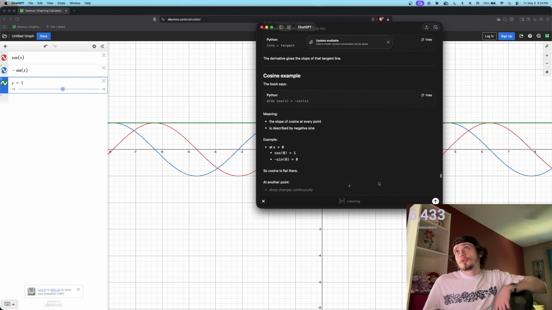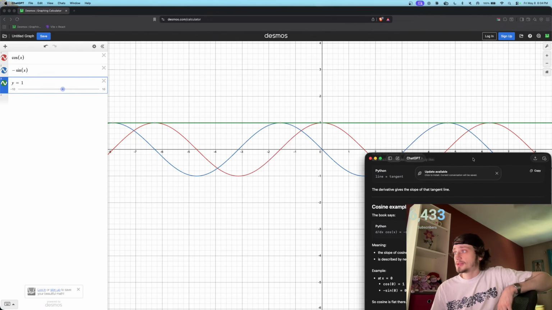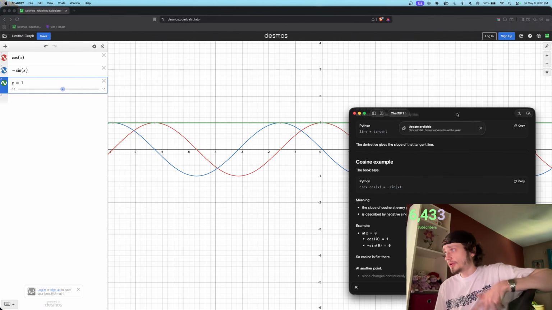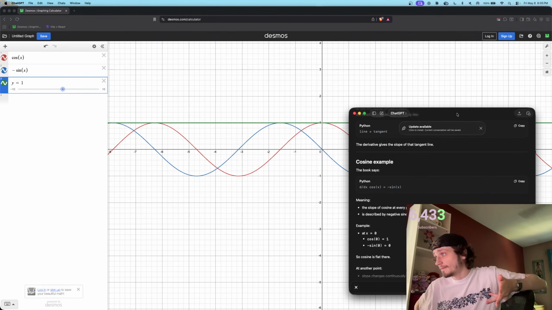Got you. So in the example of cosine x, where x equals 0, the y value that's output by that function is 1, right? We don't really care about that if we're trying to find the derivative at x equals 0 of cosine x. Well, we know that the derivative function of cosine x is negative sine x. So we put in 0 for x, just like we would, and it gives us a corresponding y value. Now this value isn't the answer of cosine x, because this is 0 plugged into negative sine x.